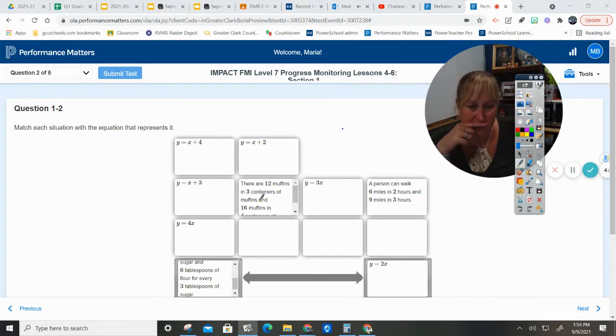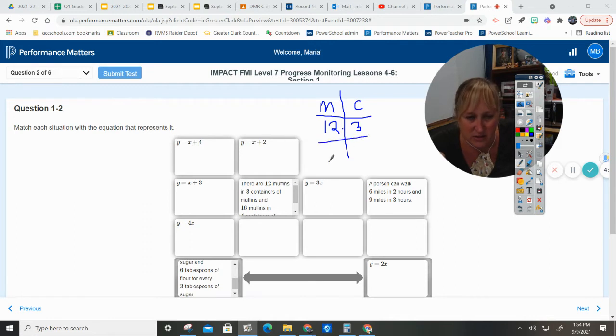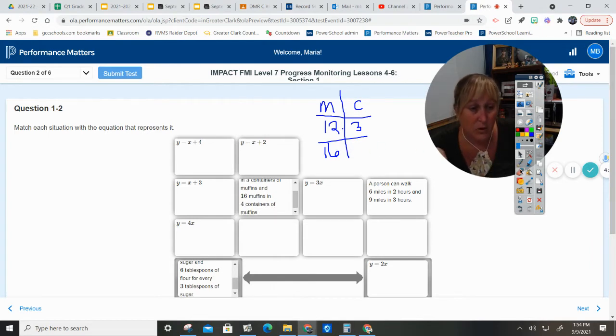I'm going to be looking at this problem carefully. There's muffins and containers. So there are 12 muffins, 3 containers, 16 muffins, 4 containers.